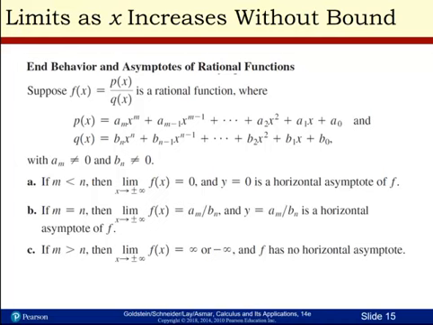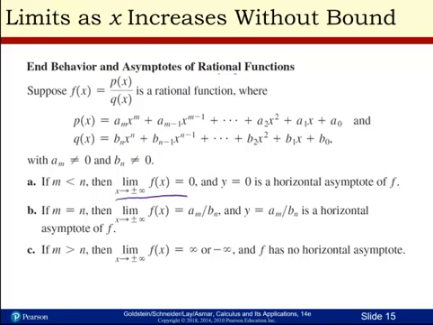So if the degree in the numerator, m, is less than the degree in the denominator, n, then the limit as x goes to either positive or negative infinity of f of x equals 0, and y equals 0 is a horizontal asymptote. We're going to say that limit is 0.